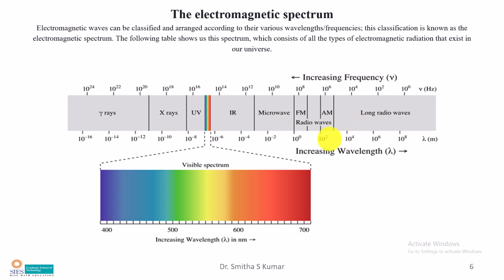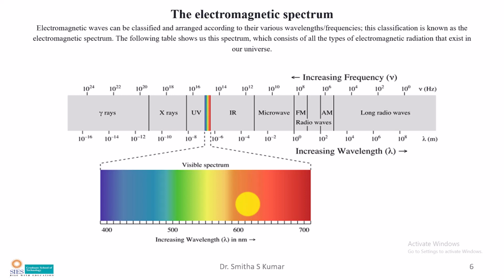Gamma rays have the highest frequency, whereas radio waves have the lowest. Visible light is approximately in the middle of the spectrum and comprises a very small fraction of the overall spectrum.